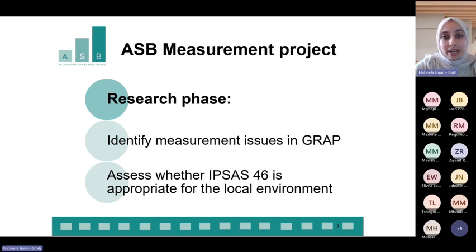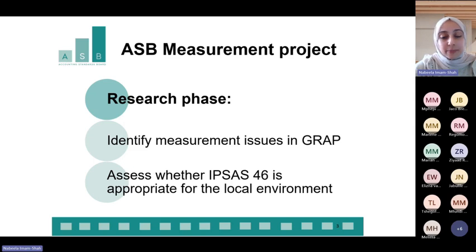This will then help us at the ASB to determine how closely we align with IPSAS 46 when we develop our standard of GRAP on measurement. And in areas that we do depart, it does make sense and it will be then better for the South African public sector.